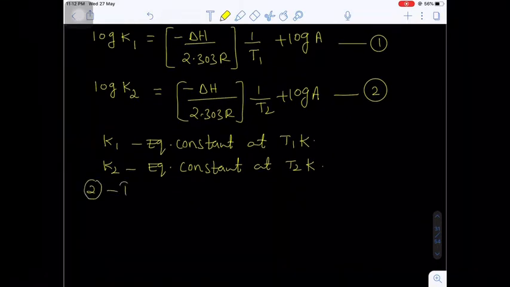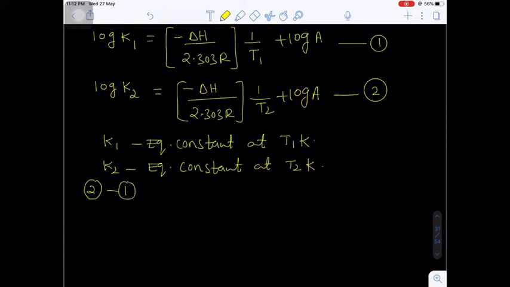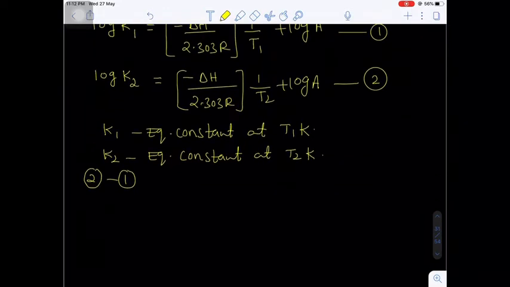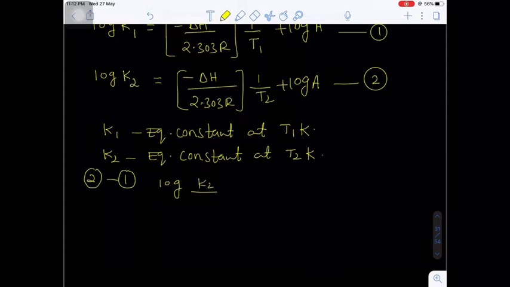Okay, now what I am doing here is equation 2 minus equation 1. On the left side, log K2 minus log K1, log A minus log B is log of A by B. So I am writing log of K2 upon K1.